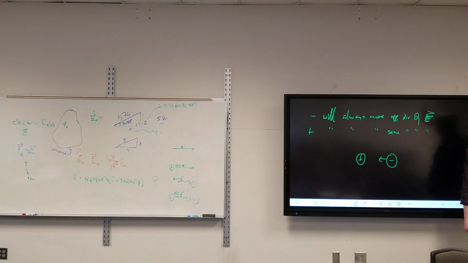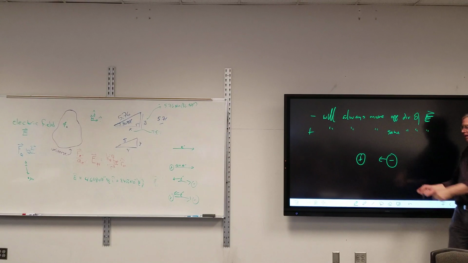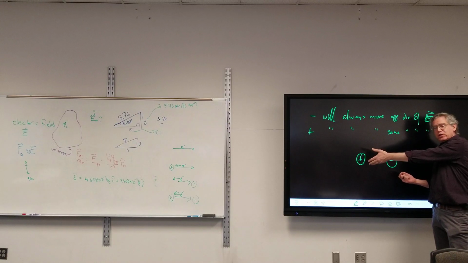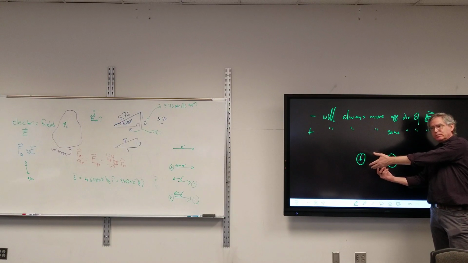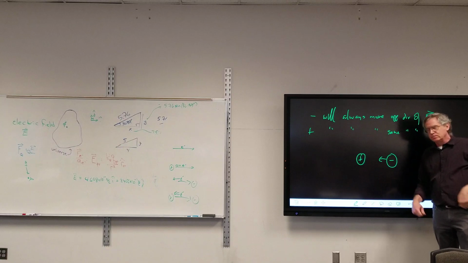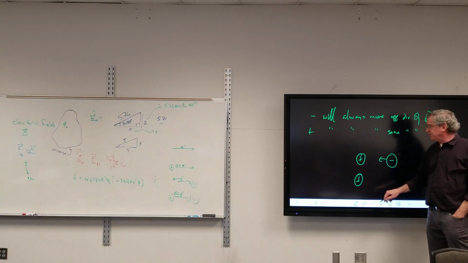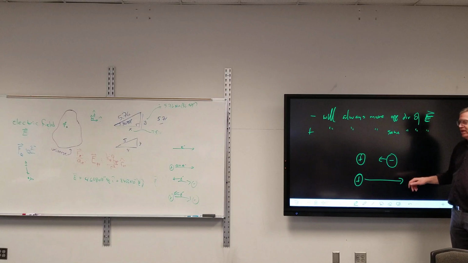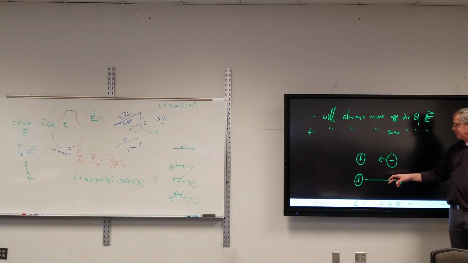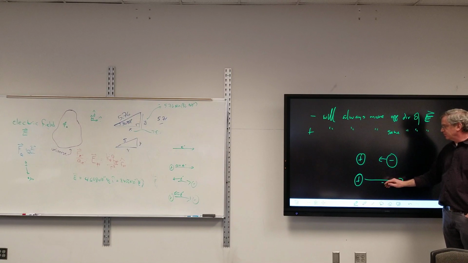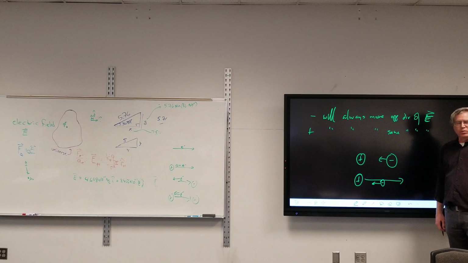I have two explanations for it. Number one, opposites attract: positive charge is on the left, negative charge is attracted towards it. Number two, I have a positive charge on the left, and where the electron is, it is experiencing the electric field from the proton moving to the right. Negative charges move upstream, and so it's going to be forced to the left.